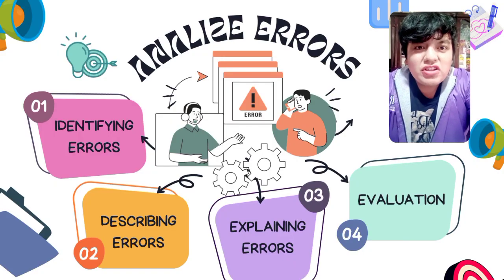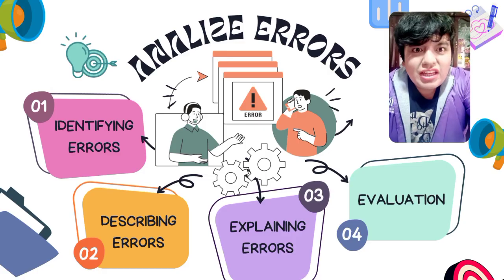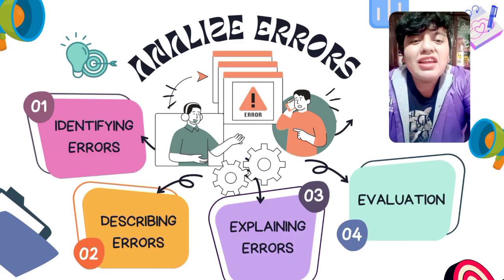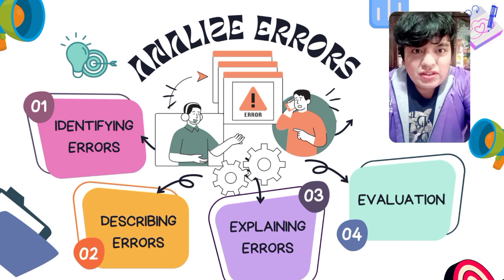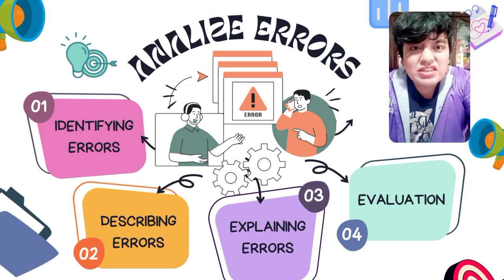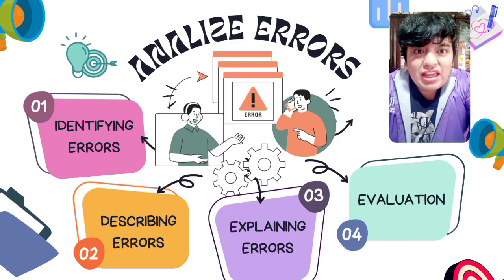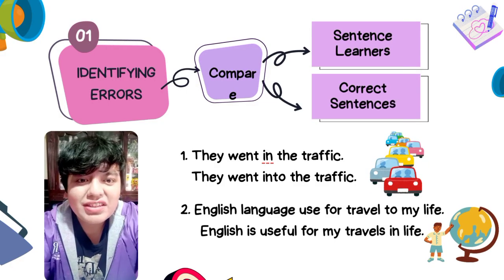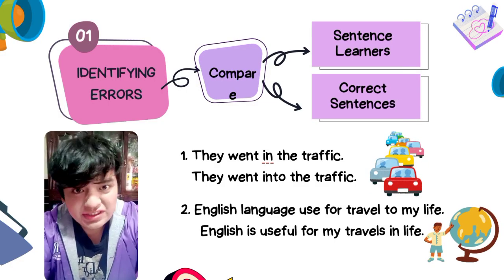And the professor or teacher helps to fix these problems, and this process of analysis of errors is composed of four stages. The first stage is identifying, the second stage is describing, the third stage is explaining, and the last stage is evaluation. Okay, following with the subject, I'm going to start with the first stage.